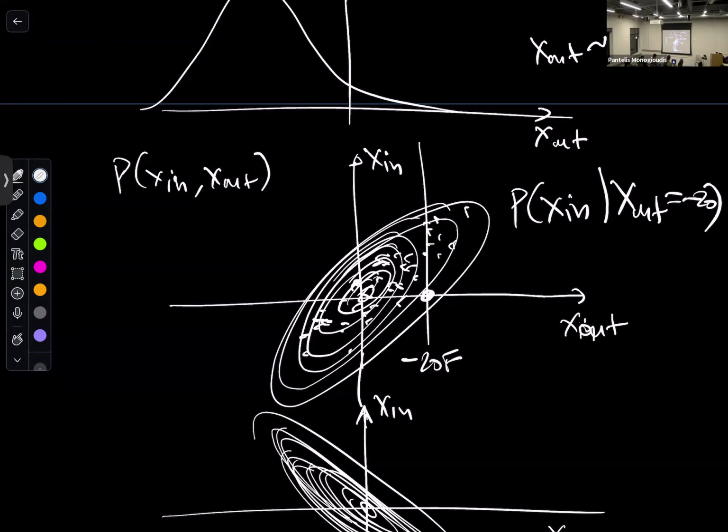And as you can see here, if the joint is like this, and someone fixes for us the X out, the X in will be a univariate Gaussian. There's only one random variable. As it turns out, the conditional is also Gaussian.